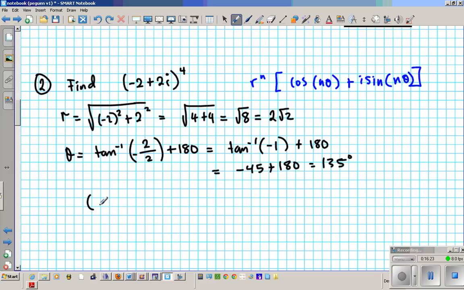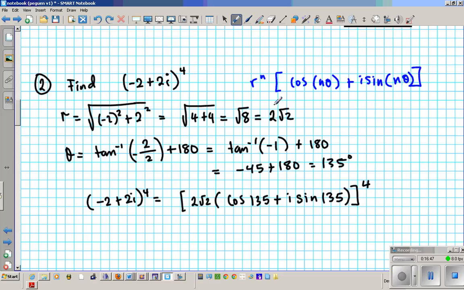So in this problem, negative 2 plus 2i to the 4th can be rewritten in polar form as 2 root 2 cosine 135 plus i sine 135. Close that, all raised to the 4th power.